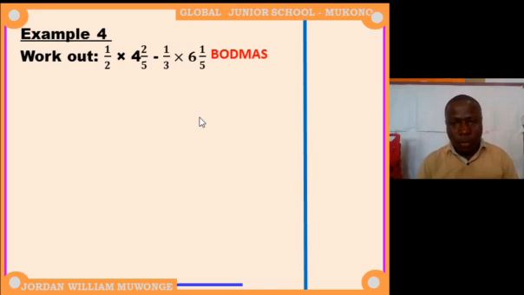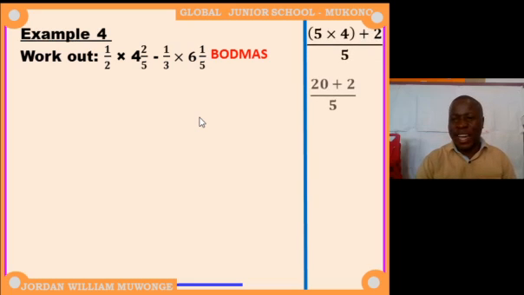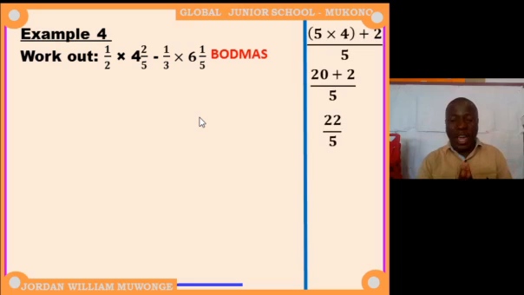Change for us 4 and 2 out of 5 to an improper fraction. Yes, Nabosa? Thank you so much. 22 out of 5. That's great. Good. The improper fraction of 4 and 2/5 is 22 out of 5.